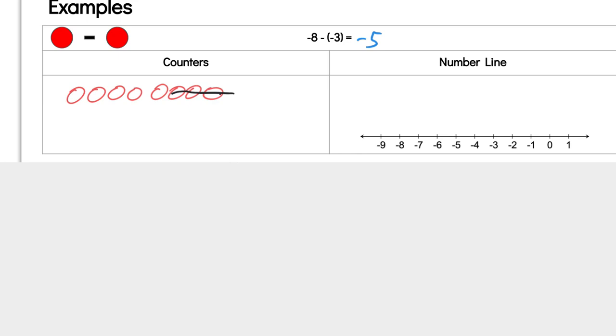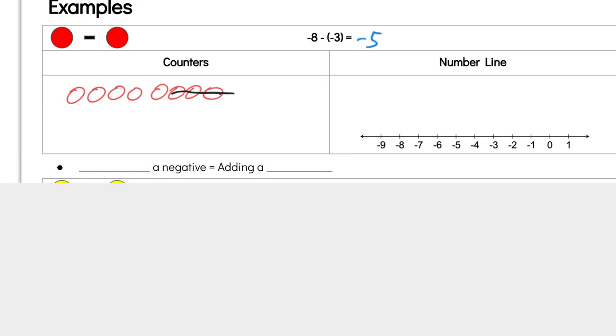Now, on a number line, you need to know this, that subtracting a negative, so write in subtracting a negative is like adding a positive. It's like when you say, I don't not like going to Disneyland.